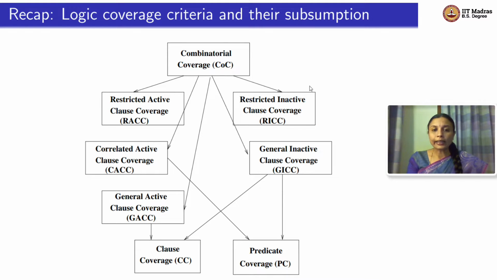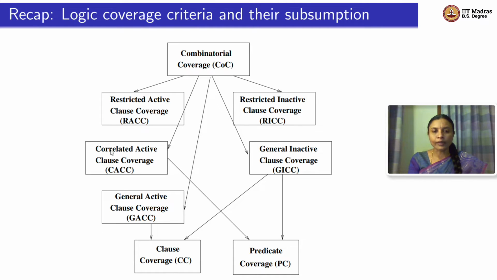So this slide I keep showing because it's a nice ideal recap of all the logic coverage criteria that we've seen and their subsumption. Predicate and clause coverage, test for the whole predicate being true false, each clause being true false.